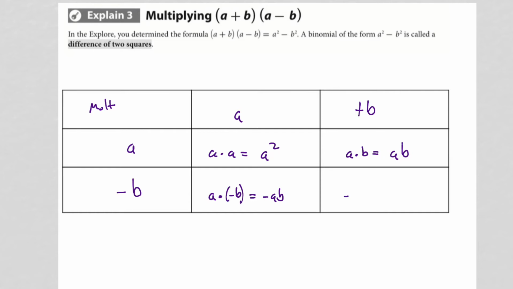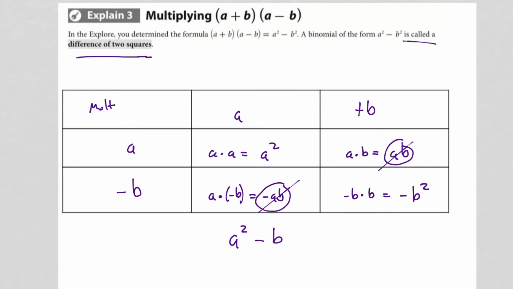And then minus b times a positive b is minus b squared. And the reason this is called the difference of two squares is because the actual answer, this and this, wind up canceling each other. So the actual answer winds up being a squared, which is something squared, minus b squared, which is also something squared. Hence, the difference of squares.